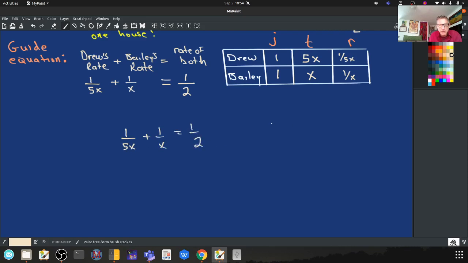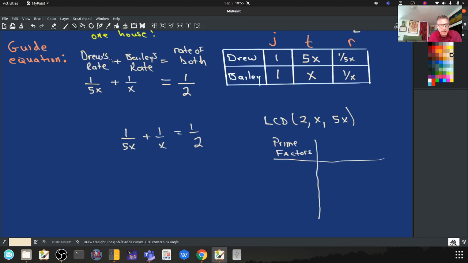So I want to clear the denominator, so I need to find the LCD of 2x and 5x. So what we do is we can make a table of prime factors. We have a 2, an x, and a 5.